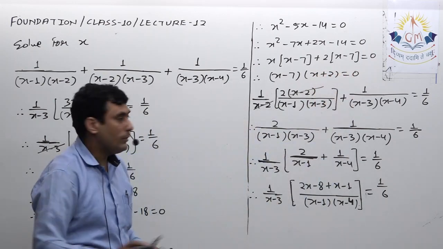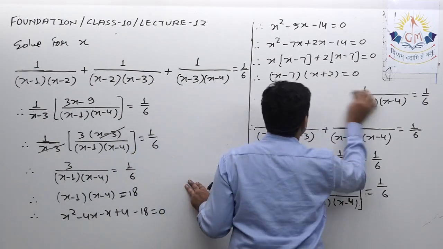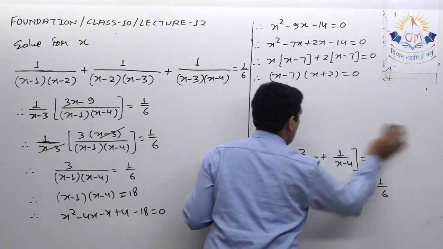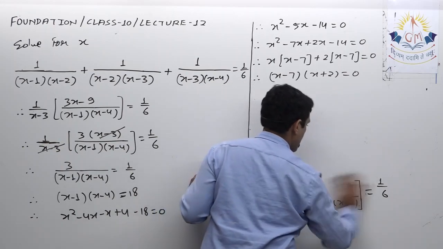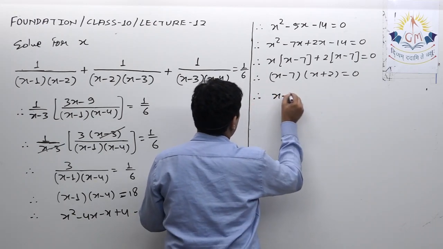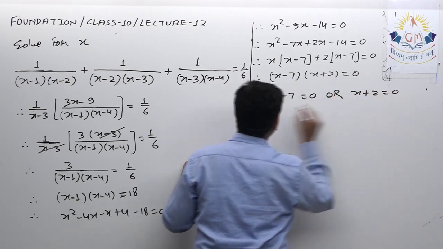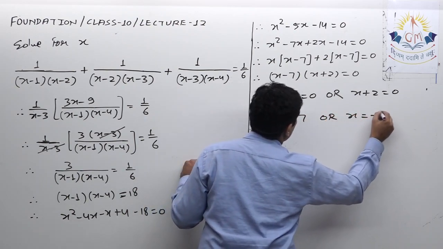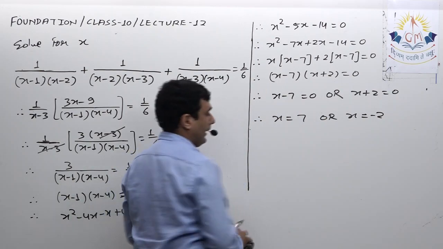So there are two possible values of x. Therefore I can write x minus 7 equal to 0 or x plus 2 equal to 0. Therefore x equal to 7 or x equal to minus 2. So these are the two possible values of x.